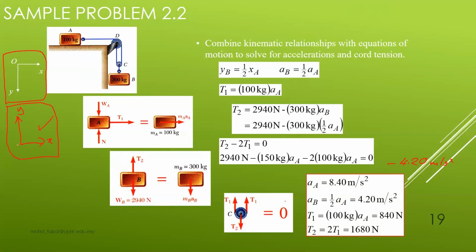If you use this one, you will see this minus sign, which means the acceleration is going downwards. Like I said earlier, as long as you do it consistently with the axis system, you will get the same result. I mean the direction and the magnitude will be the same.